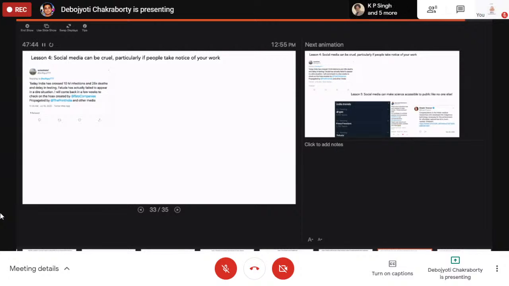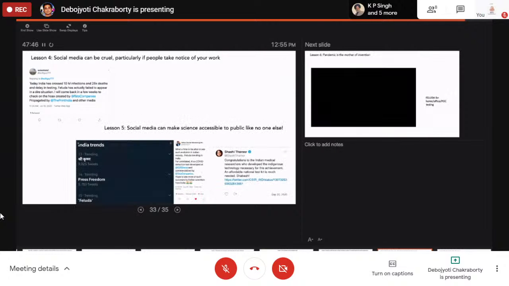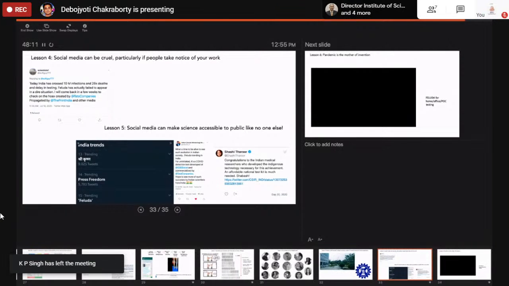But then the same social media can turn into a complete boom, and it was very refreshing to see that when the DCGI announcement came, Feluda was trending just below Sri Krishna and breast freedom on Twitter. And when Shashi Tharoor congratulates without using any bombastic English words, that tells you that there is a lot of hope even for doing basic science research if it can reach that kind of an audience.